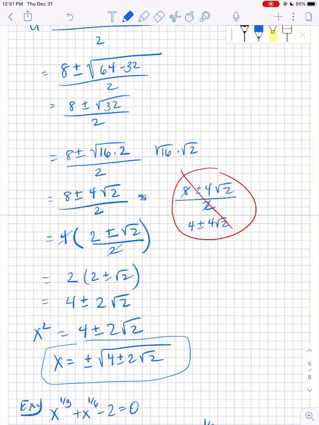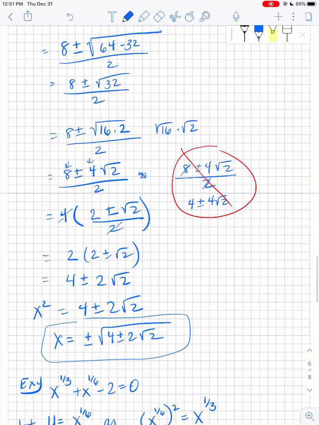So what you're supposed to do is essentially factor out the common factor in the top. So here we can see that 8 and 4 have a common factor of 4. So I go ahead and factor the 4 out. So I'm left with 4 times 2 plus or minus, because 4 times 2 is 8, 2 plus or minus square root 2, over 2.